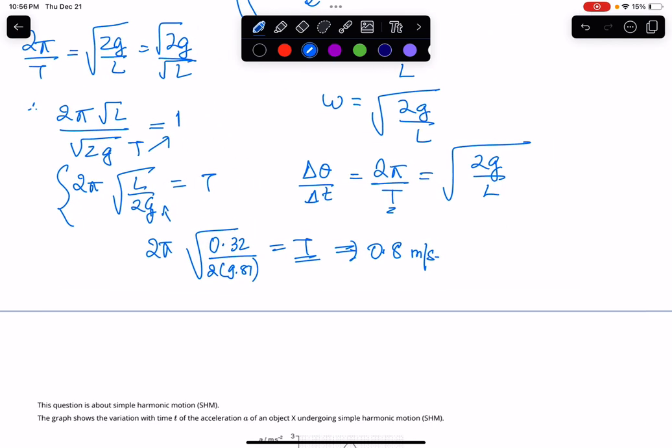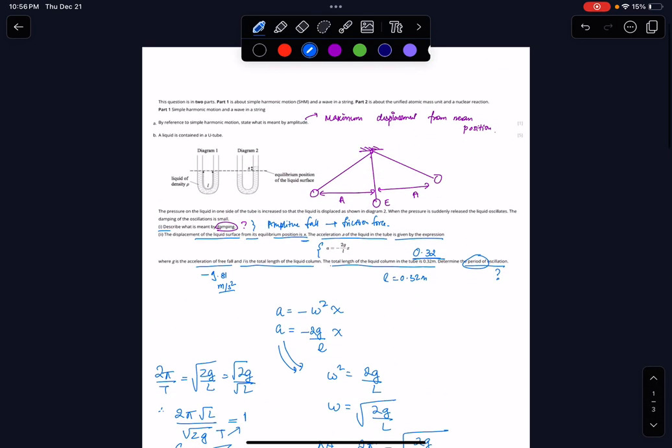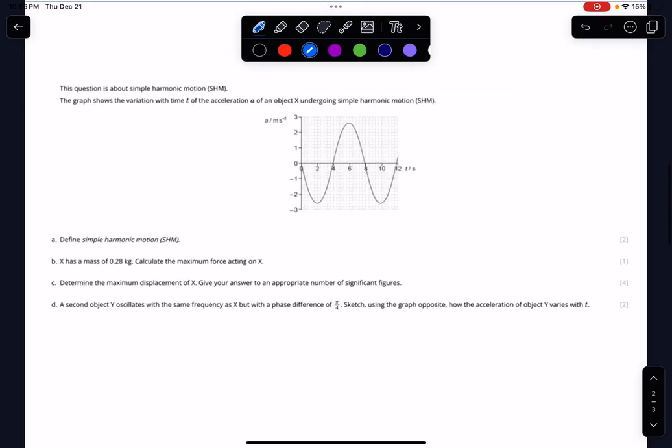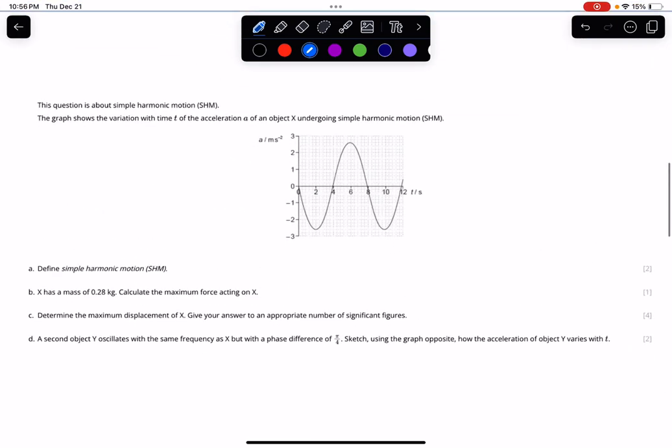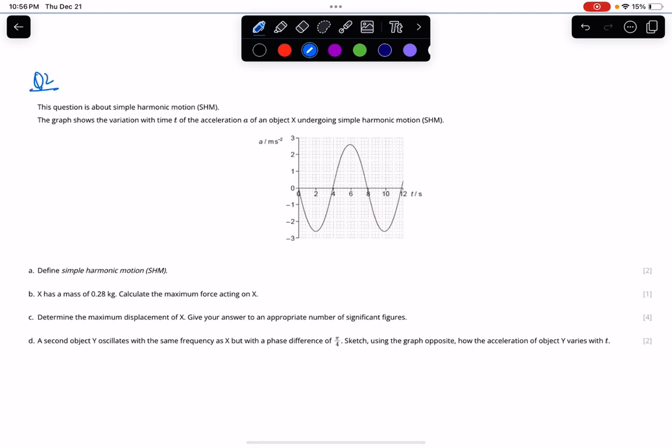Okay, so this is for question 1, as we can see, right? And then after this, we can move forward. Okay. So now let's look at question 2 over here. In question 2, this is a question about simple harmonic motion. The graph shows the variation with time t, the acceleration of an object undergoing simple harmonic motion.